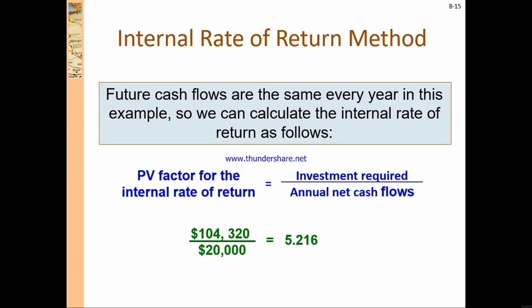Here the investment required is $104,320 and the annual net cash flow is $20,000. So, the ultimate result is 5.216.